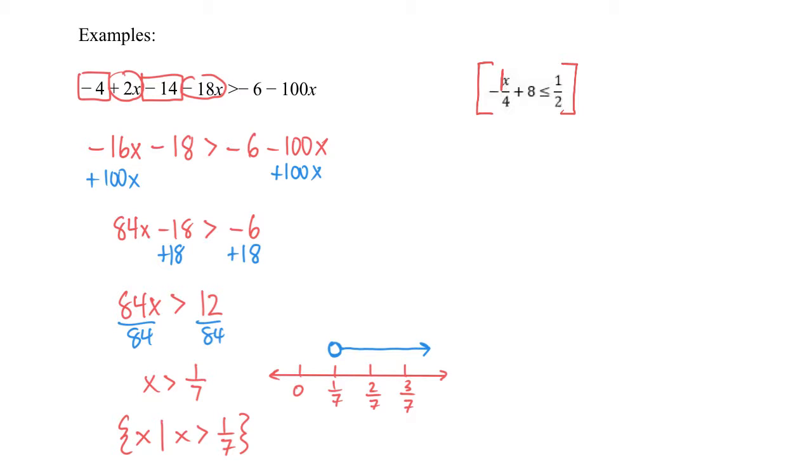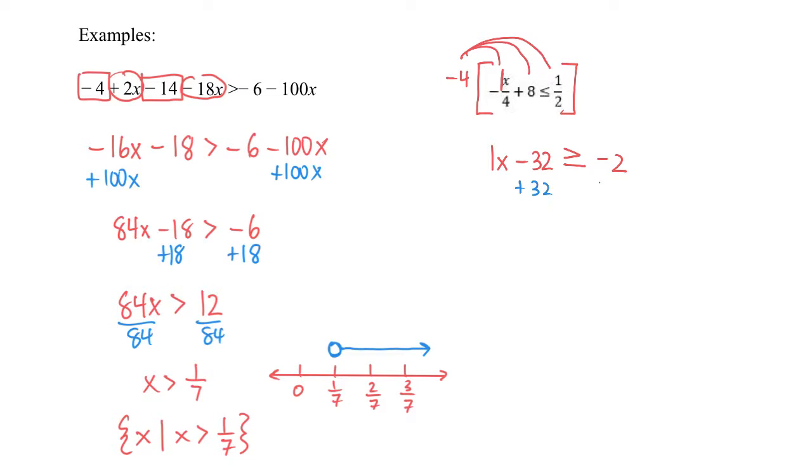I'm going to multiply by negative 4. When I do that, I'm going to get 1x minus 32. I'm multiplying by a negative number, so I have to flip my inequality sign, is greater than or equal to negative 2.